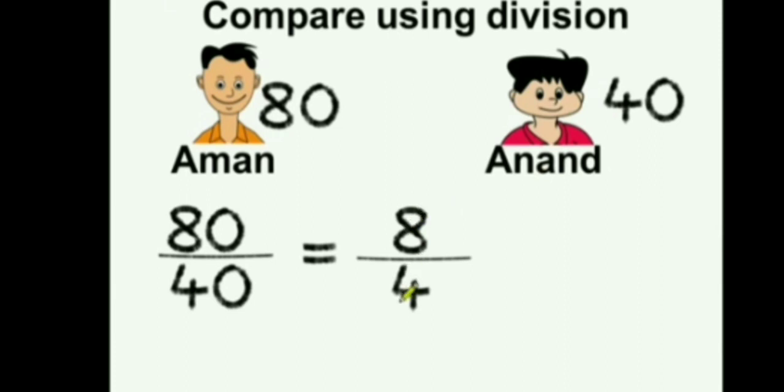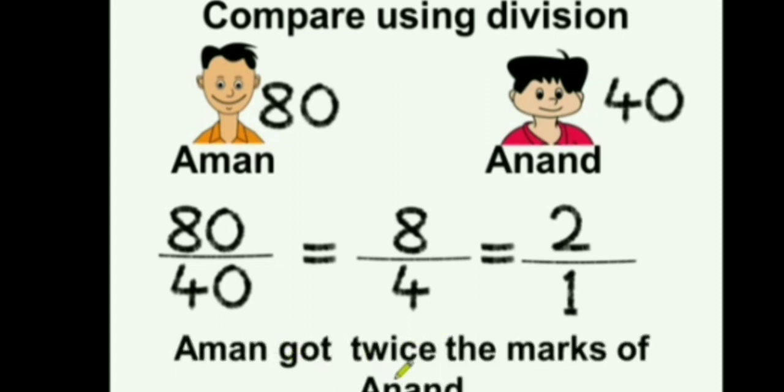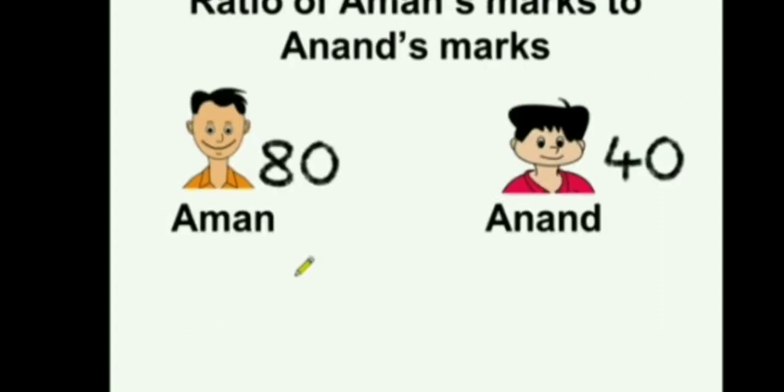We can write 8 by 4 in the simplest form by dividing by 4. Dividing 8 by 4 we get 2, and dividing 4 by 4 we get 1, so we get 2 by 1. So we can say Aman got twice the marks of Anand. In terms of ratio, this is 2 is to 1.